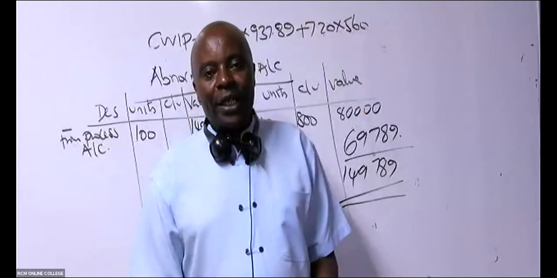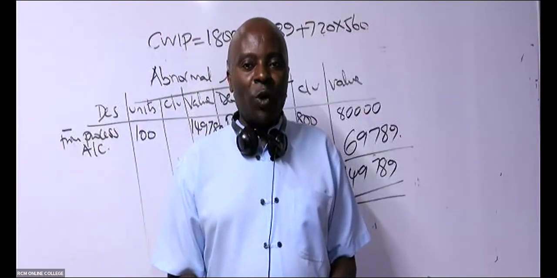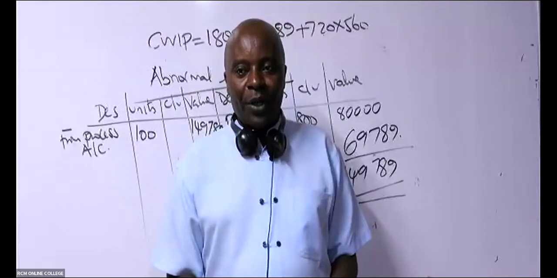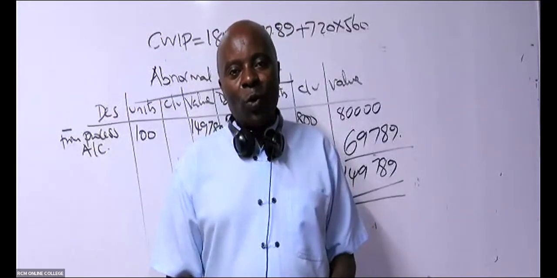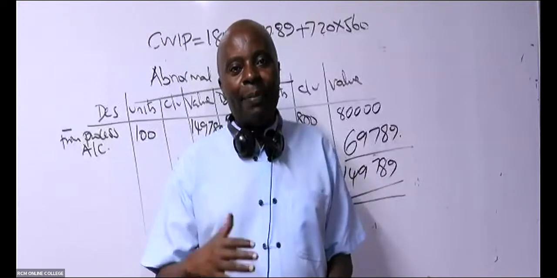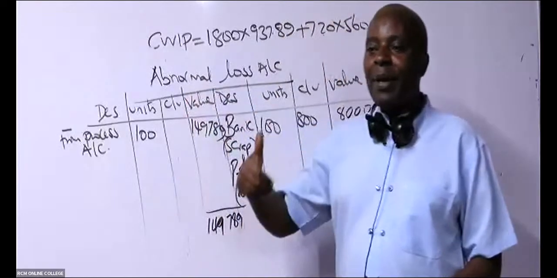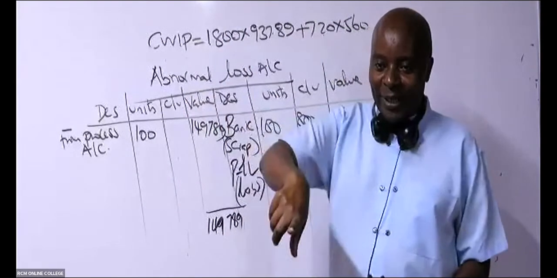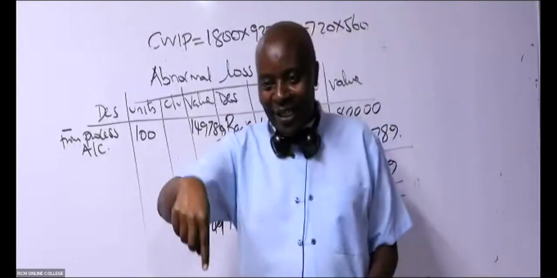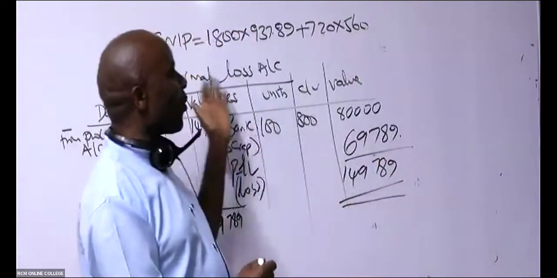And then, of course, you can see there is a place where they told us to give them the value of closing work in progress. So when they tell you in Roman 3 to give the value of closing work in progress, and it happens that you have done it up there, shall you tell the examiner to refer above? No. You simply go and copy that working.